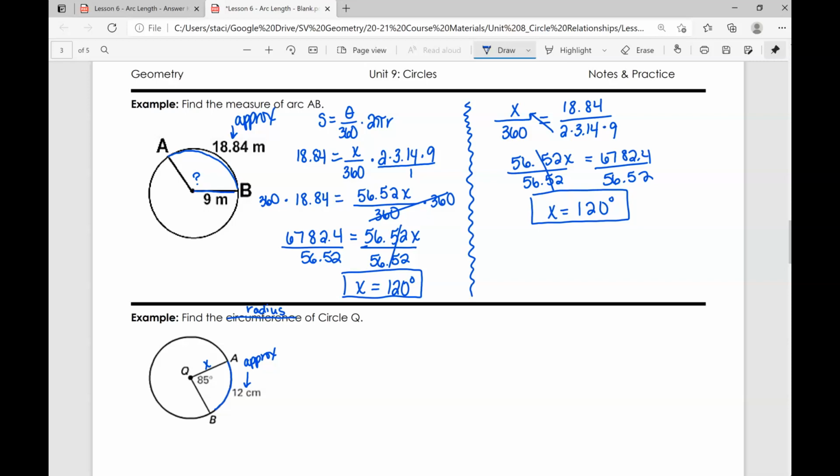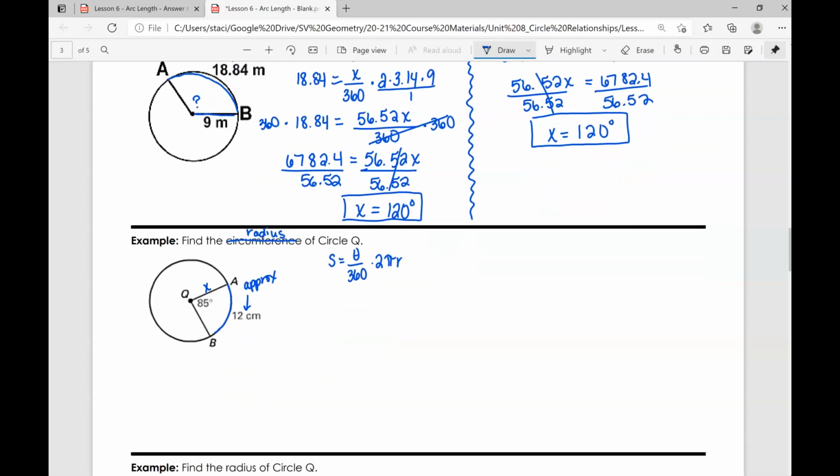If I use the arc length formula that focuses more on the fraction times circumference, I can see that my arc length is 12. My central angle is 85 over 360 times 2 times 3.14 times the radius, which I don't know.